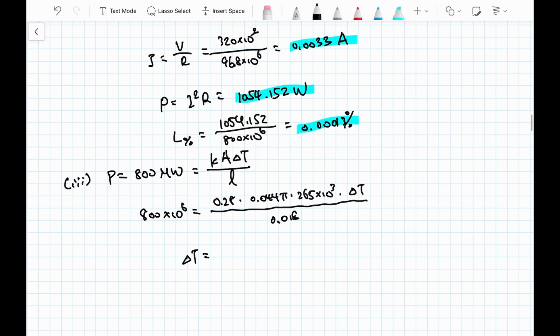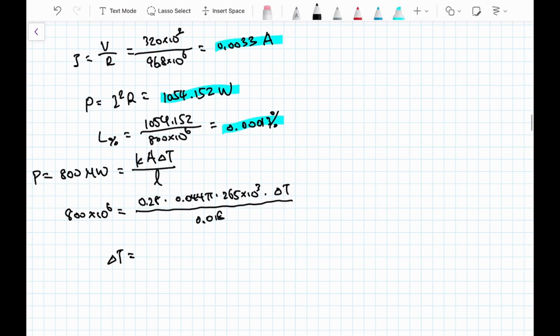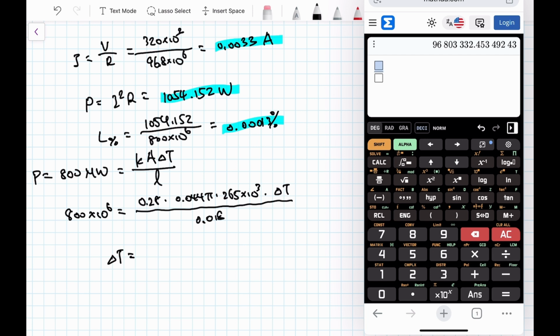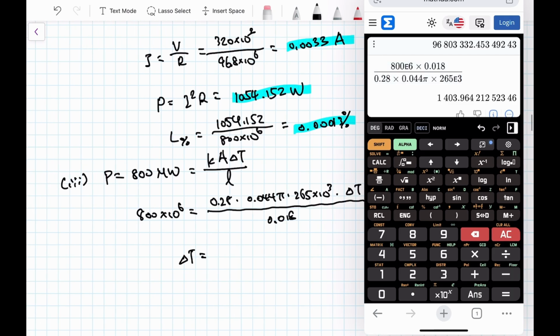So delta T will be equal to 800 times 10 to the 6 times 0.018 over 0.28, and then times 0.044 pi, and then times 265. I think that's it, and that gives us 1404.